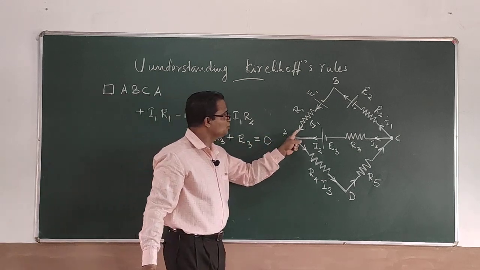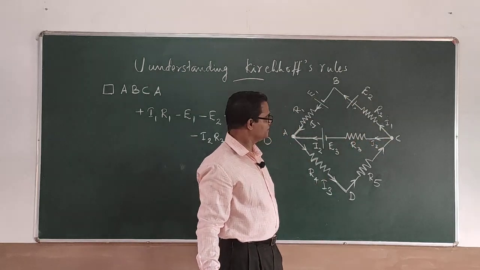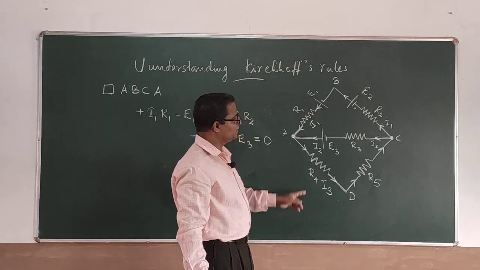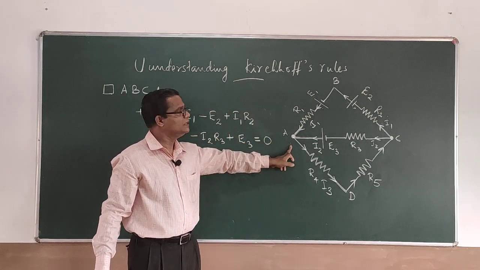So when you take the small loop here, remember two different currents are coming. Okay? So when it reaches here, it will be equal to 0.